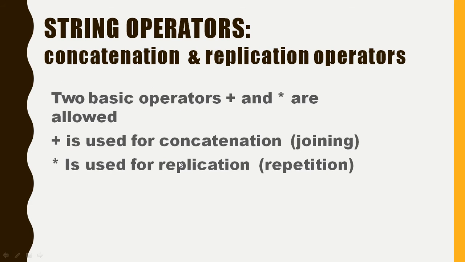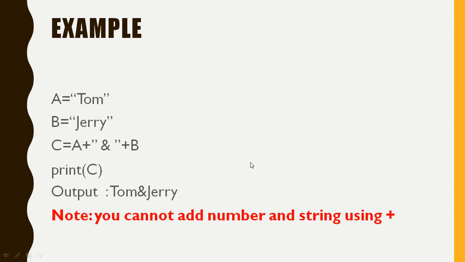Now there are two important operators, concatenation and replication, denoted by plus and star. Plus is used for concatenation, that is joining two strings, and star is used for replication, that is repetition. Example, you can see here. Suppose A has the string Tom and B has the string Jerry. If I write A plus and plus B, Tom and Jerry will print.